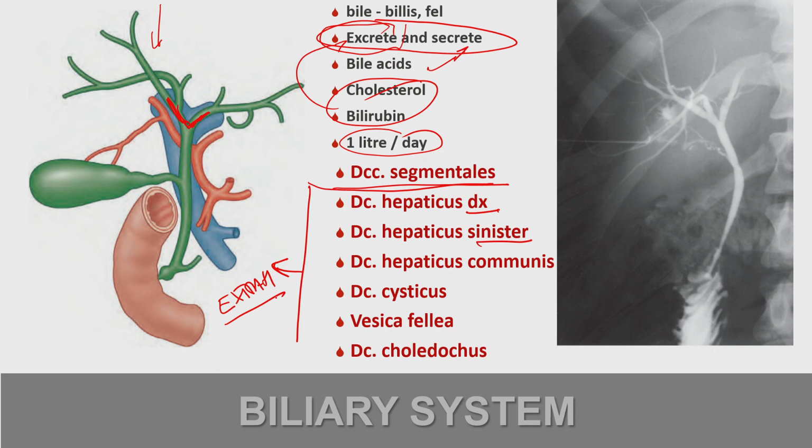Extrahepatic ducts are outside the liver, and they are forming the way which is leading bile through the communication between gastrointestinal tube and liver, and this communication is called the gastroduodenal ligament, in which we have all those structures of the portal triad also. Portal vein, the stem, and proper hepatic artery, the stem, and the bile duct.